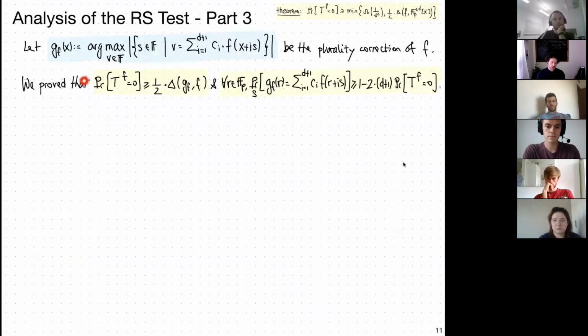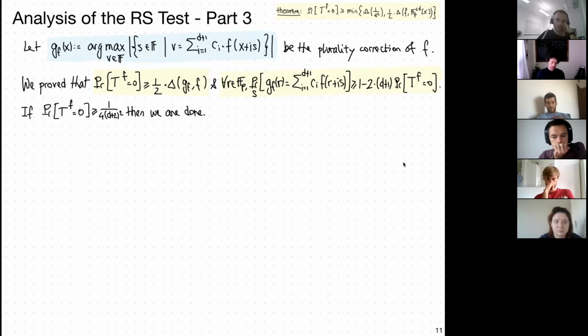First, step 1, which tells us that to see the probability of rejection, it suffices to look at one particular function, the plurality correction. And we also saw that for this plurality correction, the agreement is in fact more than just that.